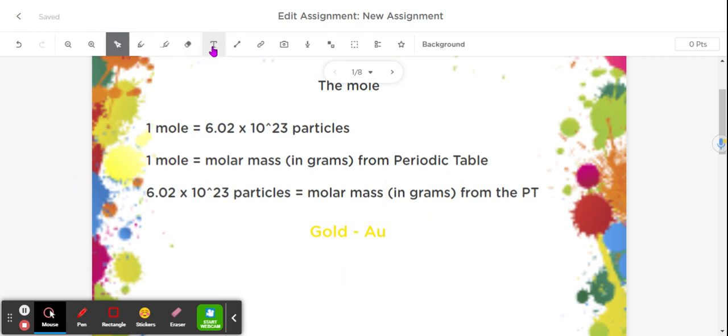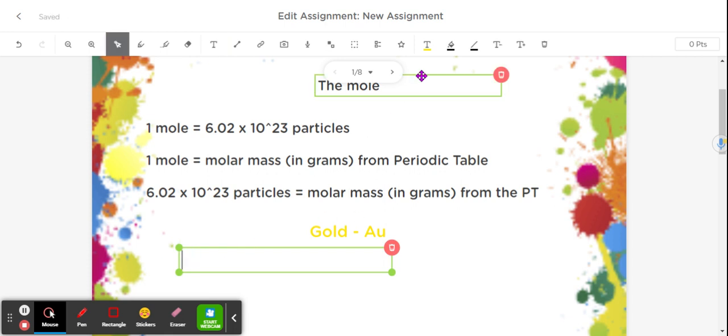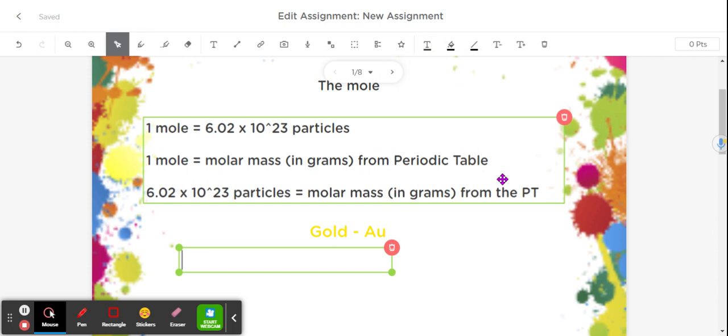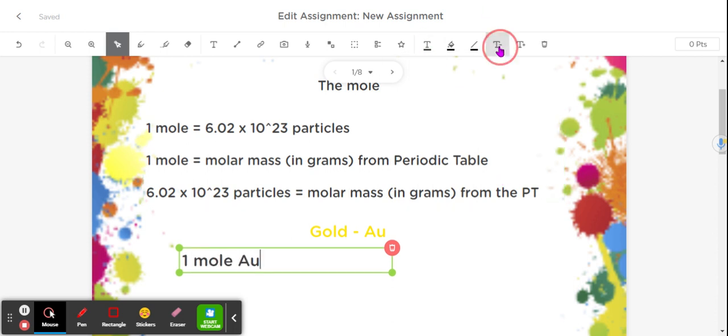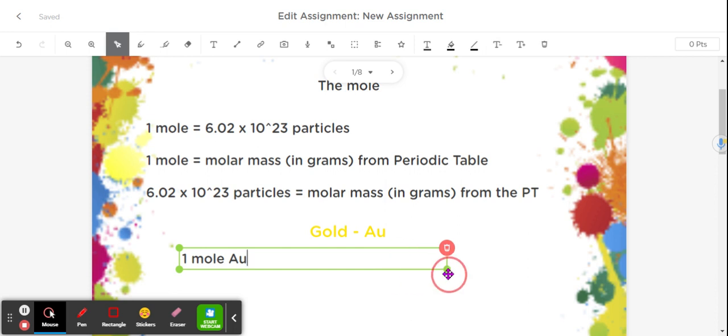If I have one mole of gold, what that means is I have 6.02 times 10 to the 23rd gold atoms.